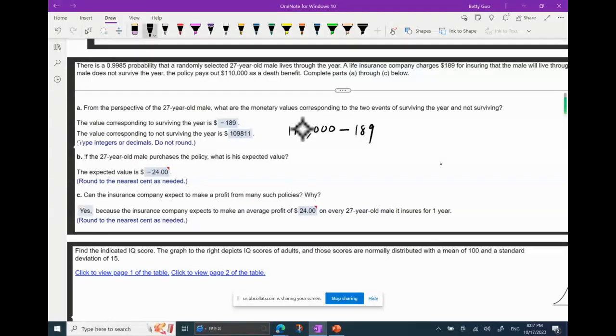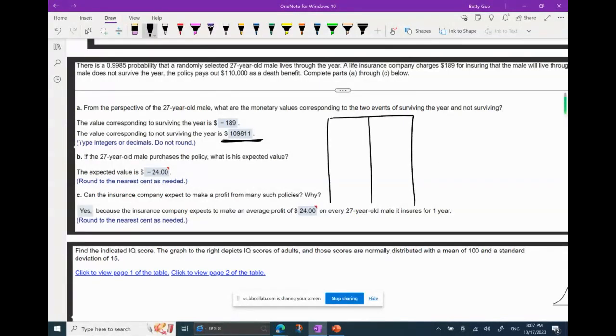So $110,000 minus $189, you're going to have this value, right? So that's the profit in the second case if the person died. And that part helps us build the probability distribution.